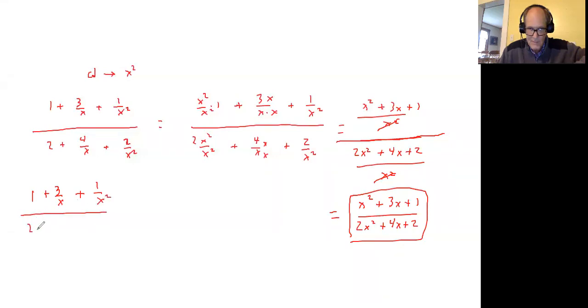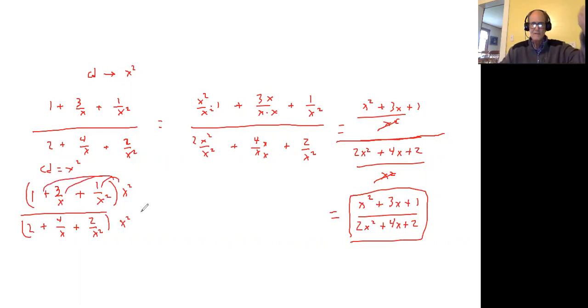I'll rewrite the problem. Okay, now I see that my common denominator is, of course, x squared. So I'll multiply the numerator by x squared, and I'll multiply the denominator by x squared. Now I have to distribute. So I'm going to have x squared times 1 plus 3 over x times x squared plus 1 over x squared times x squared.